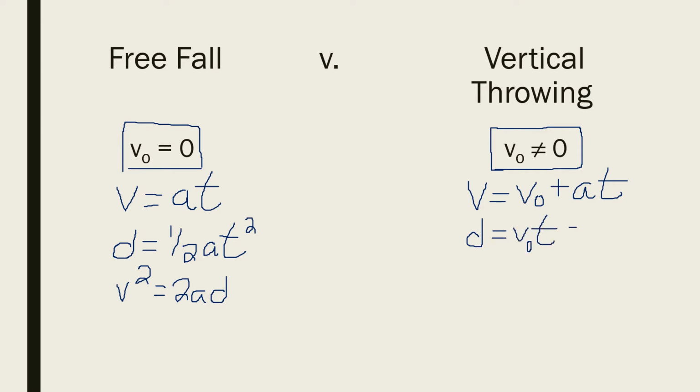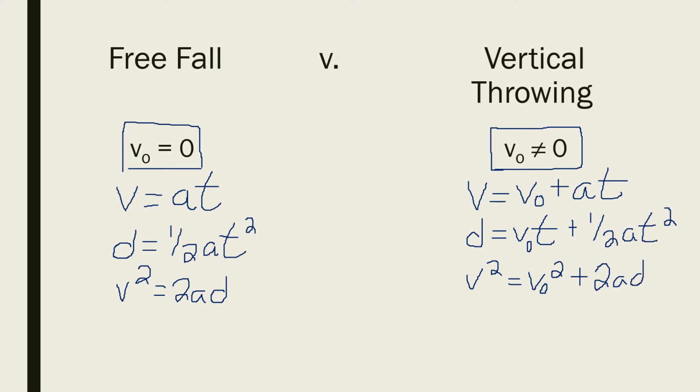Please take the time, if you are going to write these down, to copy them correctly. Please notice which exponents have a square. Please don't mix up your V and V0. These are the equations that we're going to use.